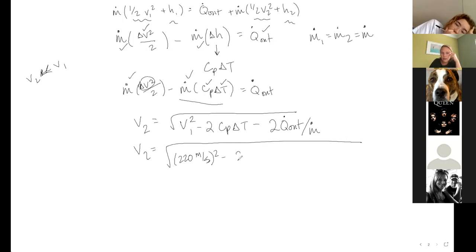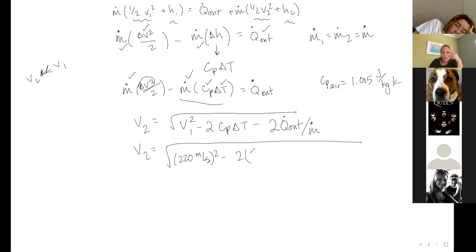squared minus 2 times our Cp of air. This will be given to you on the problem statement in the exam, but for homeworks, you need to look it up in the back of the book. It's about 1 joule per kilogram Kelvin.